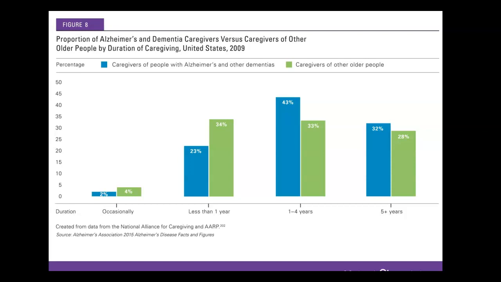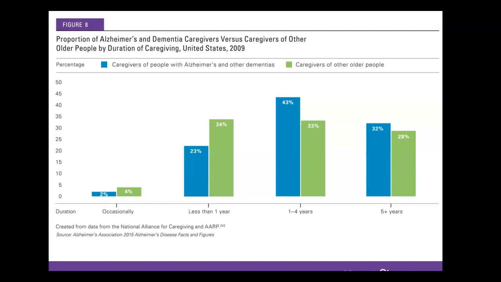And again, just to show you how long people care for people who have Alzheimer's versus other older people, and as you see, less than a year tends to be the average time that people generally care for older people, at 34%.